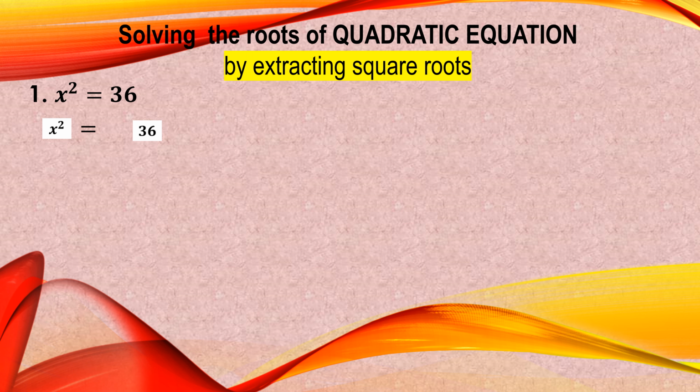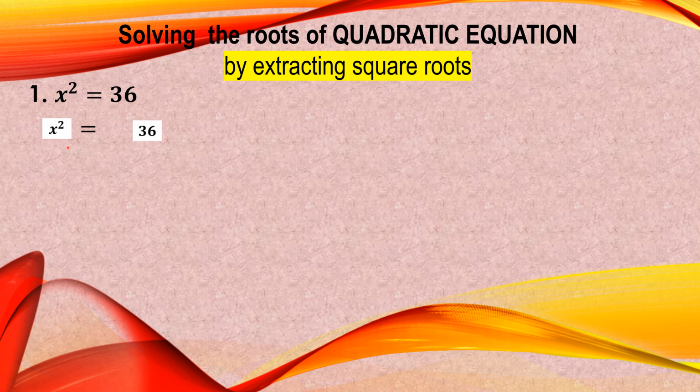And then what is the next thing? This time we can no longer use the division property of equality. Why? Because the 2 there is not a numerical coefficient but an exponent. So how do we isolate the exponent 2 to get the value of x?